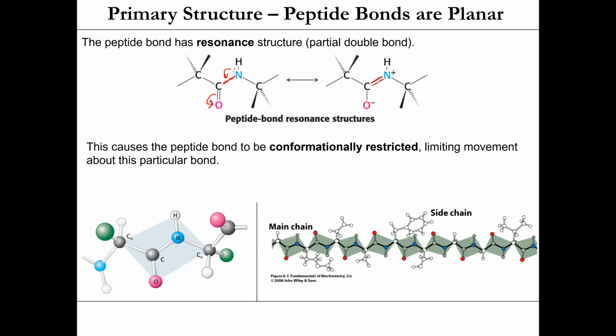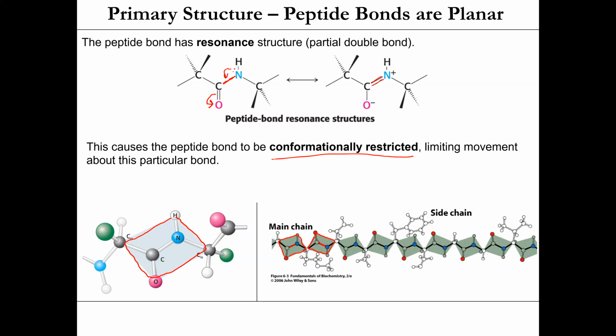And this causes the peptide bond to be conformationally restricted, so it limits the movement about this particular bond. And you can sort of see that demonstrated down here. You can almost think of it as planar, that the double bond character causes it to be restricted on how those two atoms that form the peptide bond can actually move about that bond.